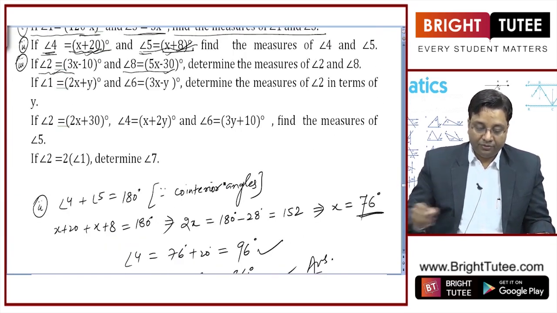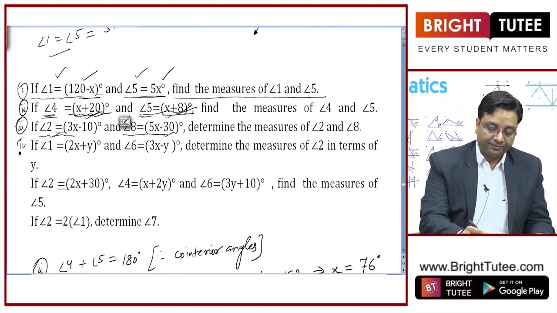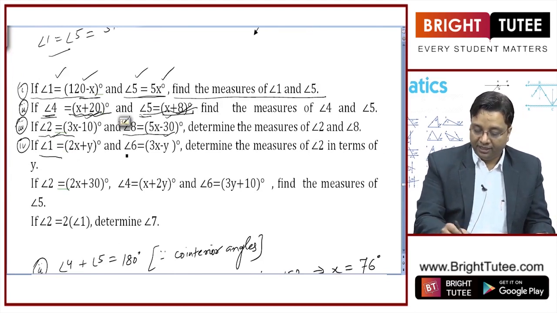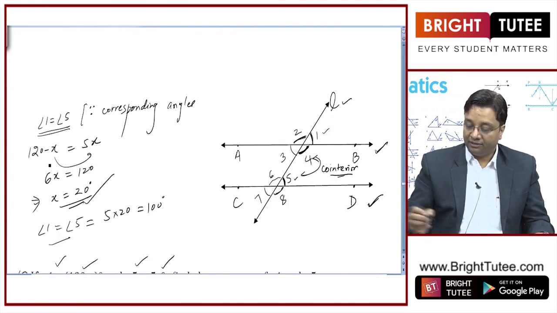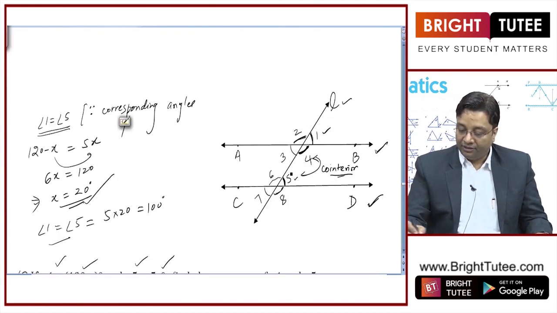Let us look at the fourth part here. Angle 1, angle 6, and we need to find the measure of angle 2 in terms of y. Let us look at these angles, angle 1 and angle 6.